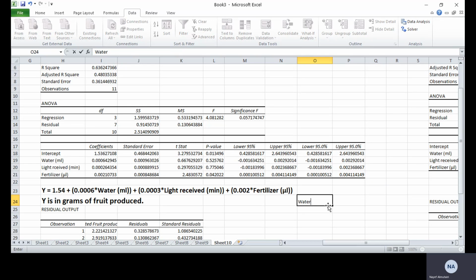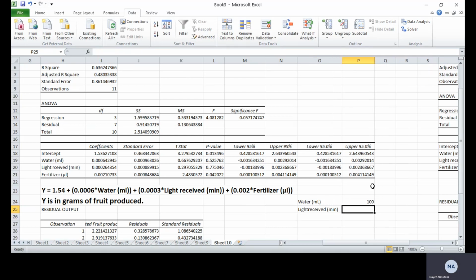Let's say water in milliliters, let's say it's 100 ml. Light received in minutes.